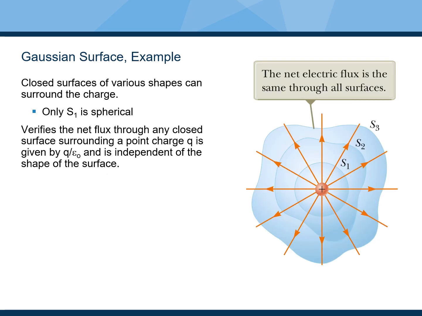With this, we can go ahead and recap the different Gaussian surfaces. You should now understand that the surface S1, the surface S2, the surface S3 all have the same number of field lines crossing them, and therefore the same amount of flux, simply because they all enclose the same charge shown in this figure.